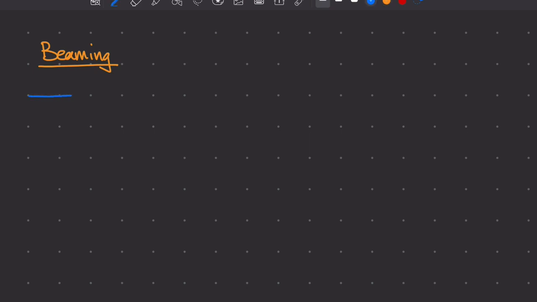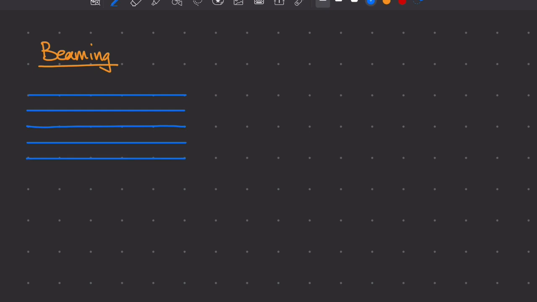If we have our musical staff, we have our 5 lines of our musical staff, then anytime that we have a note on the middle line or above, then our stem direction goes down.